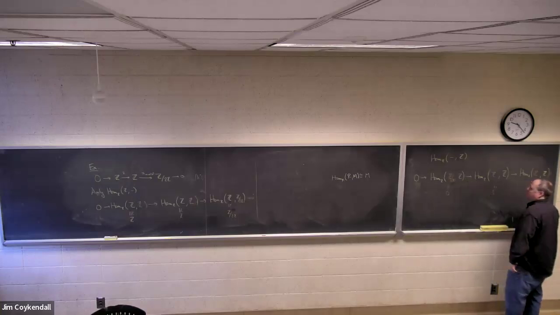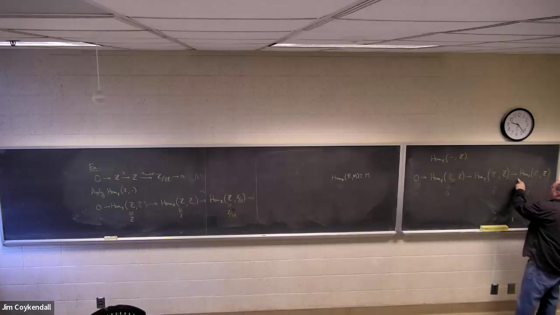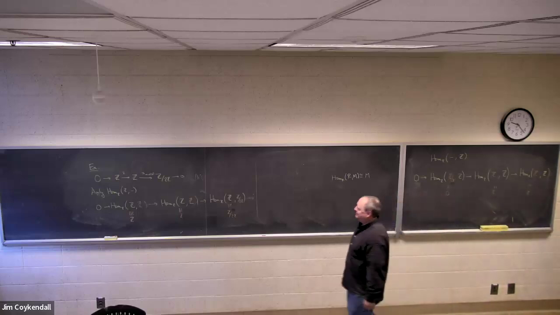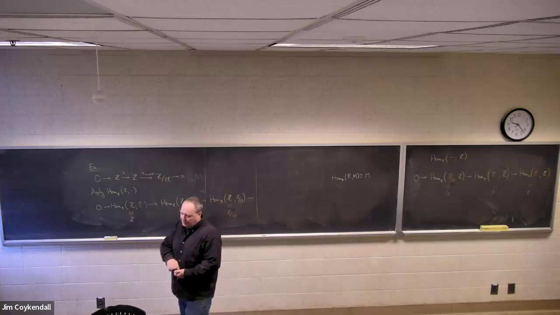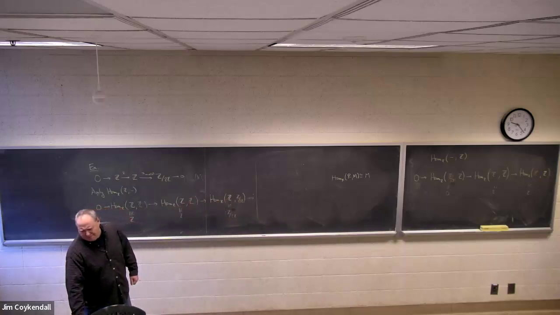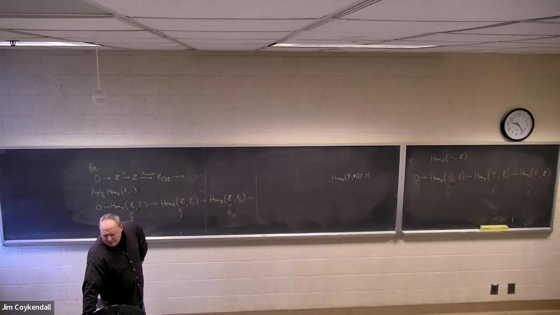It's 0. And the image of this is equal to the kernel of this. So this one's one-to-one. You might check and see if that was onto, given the original induced homomorphisms. Okay. Any questions?